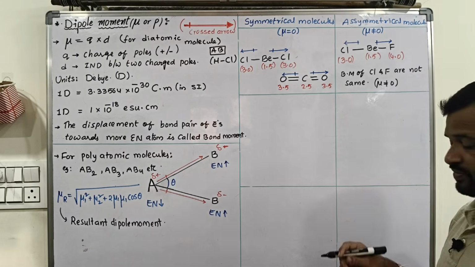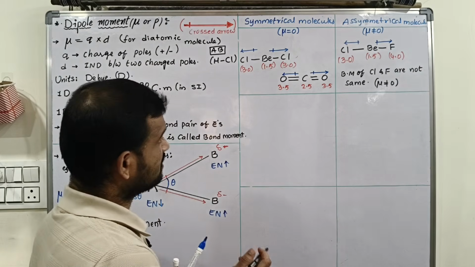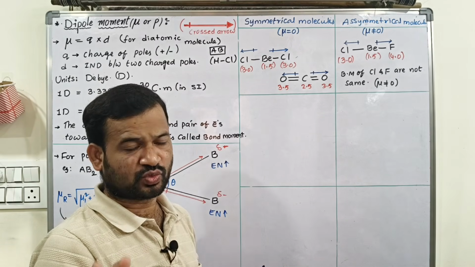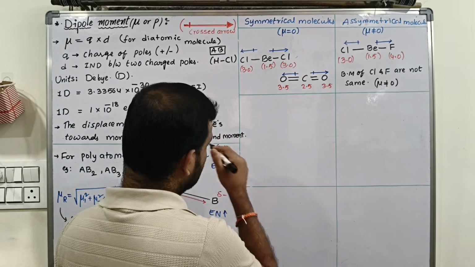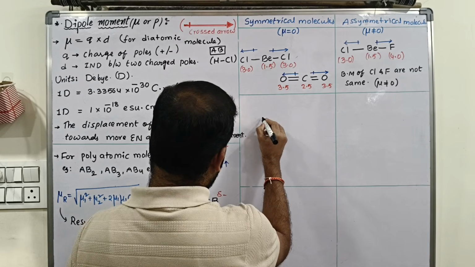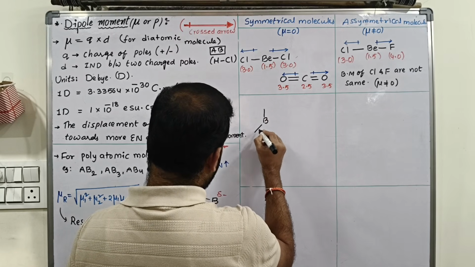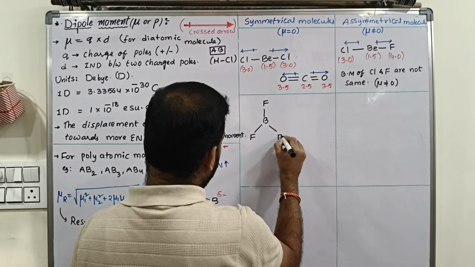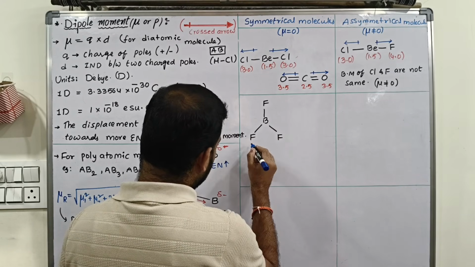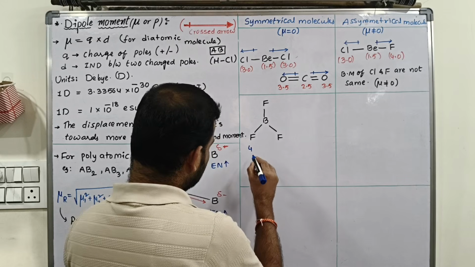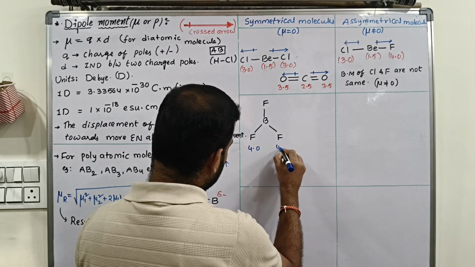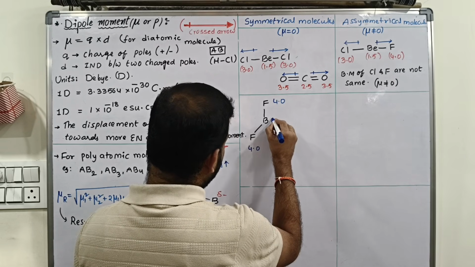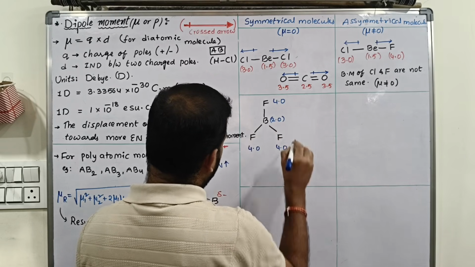Next example is for sp2 hybridization, meaning without lone pairs, only bond pairs are there. For example, boron trifluoride. Here the electronegativity of fluorine is 4, and the electronegativity of boron is 2.